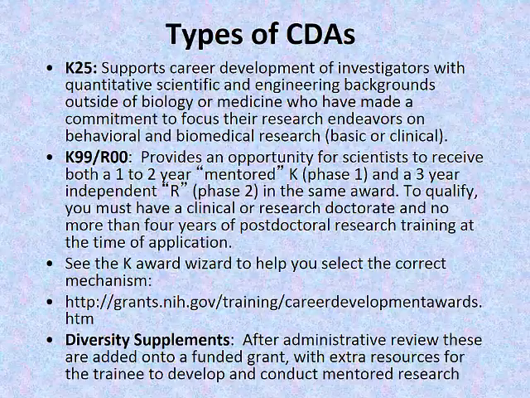Oftentimes for brand new faculty or for people at the end of postdoctoral training, the diversity supplement is a very nice bridge to help you strengthen your dossier, to help you get a few publications in the area, and to get some work underway to make your K award more competitive.